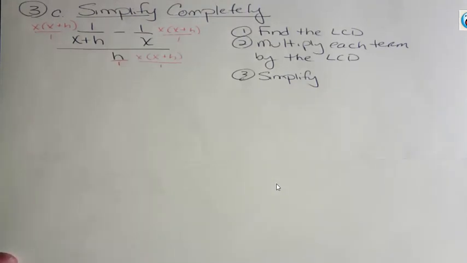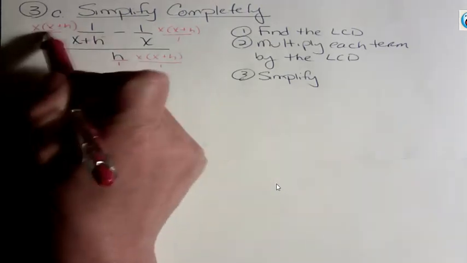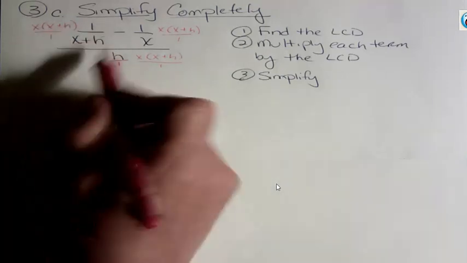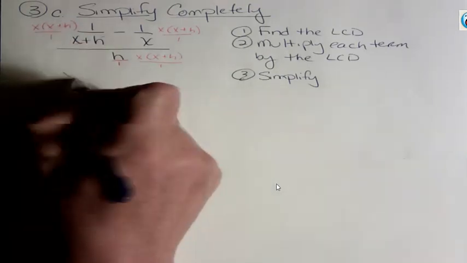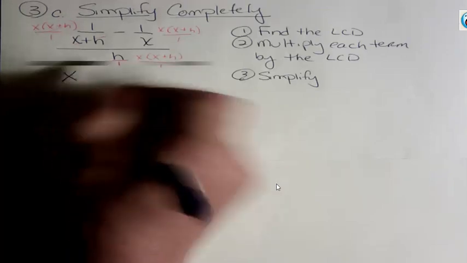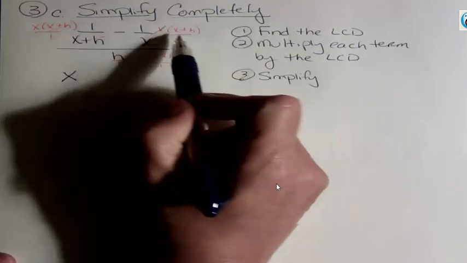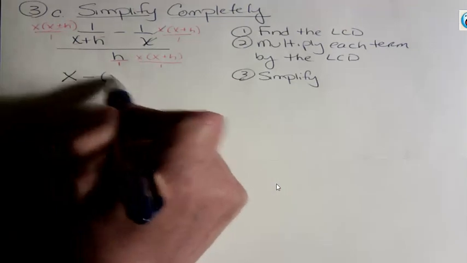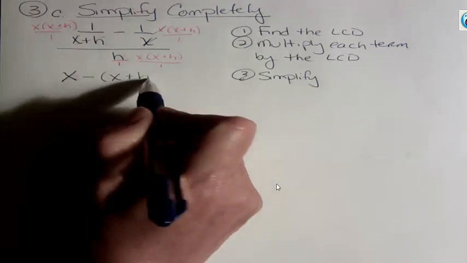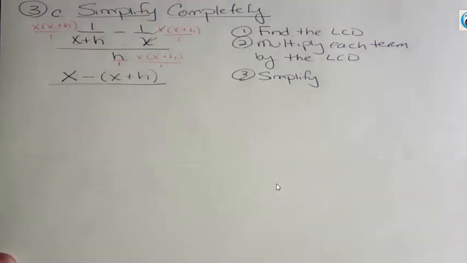So for the first one, the x plus h's are going to cancel. And you get x times 1, which is x. For the second part, the x's cancel, and you get x plus h, but there's a minus in front of that, so you get minus this expression. You have to remember to distribute the negative through there.